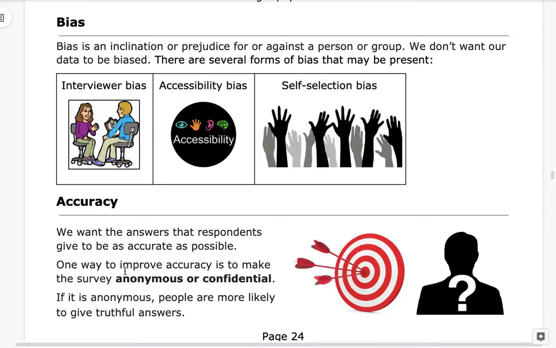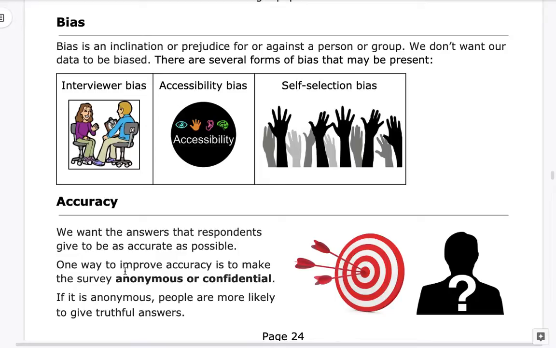Bias. There's three types of bias that we could have. Interviewer bias, for example. If I was asking about students drinking alcohol, and the interviewer was a student of similar age, then people could give a particular kind of answer.